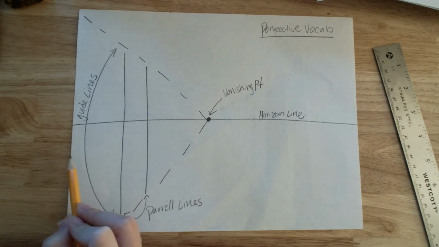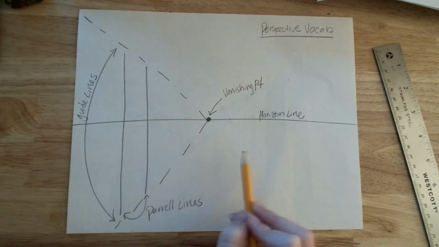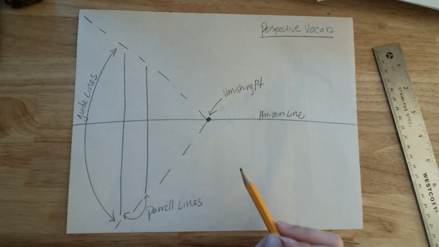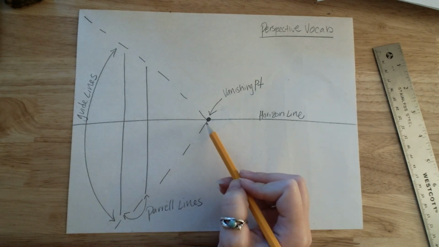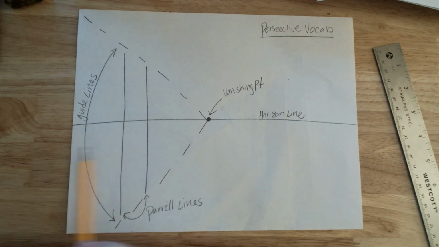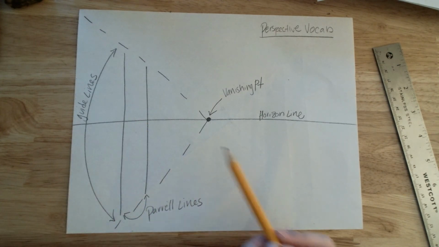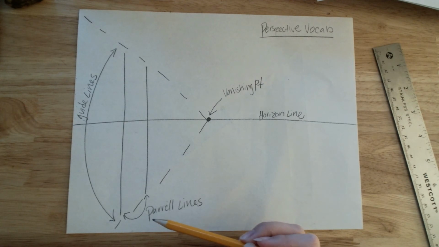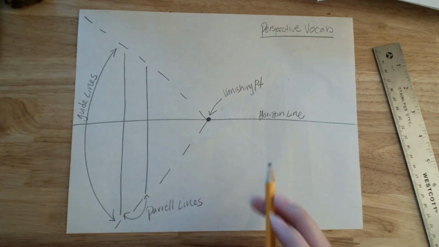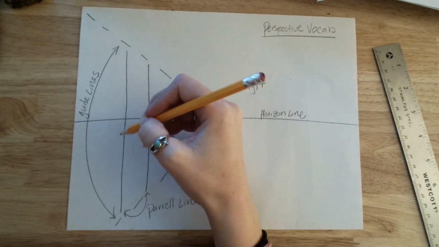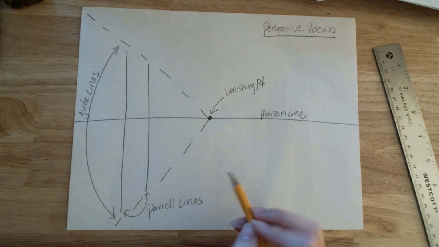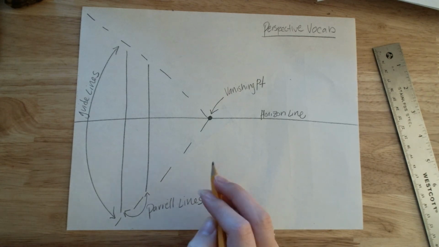If we made lines that were horizontal, we would want our horizontal lines to be parallel to each other as well, because if they're not going towards the vanishing point, they need to be straight vertical or straight horizontal. If we do lines that are parallel, then that means they're never ever going to touch each other, and they should be straight. So if you're doing straight vertical lines or straight horizontal lines, they must always be parallel to one another.